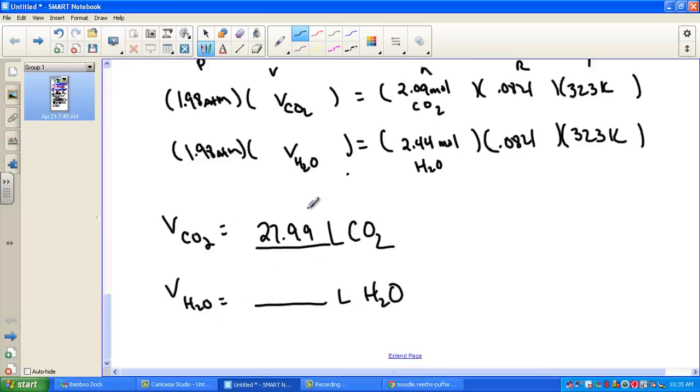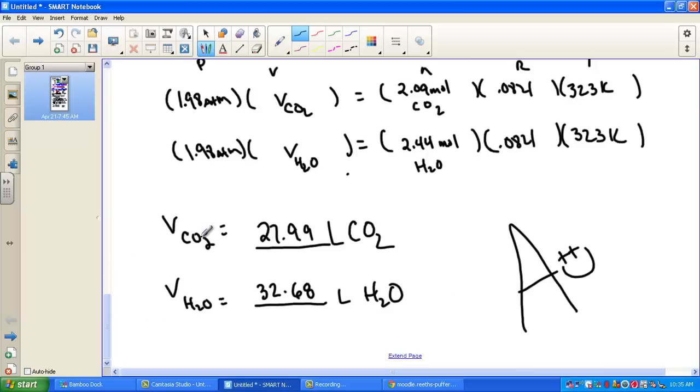And second scenario, 2.44 moles of the water times our constant 0.0821 times the Kelvin temp, 323, and divide out the pressure, 1.98. How about 32.6? I'll round that to 32.6 liters. And you did it. A++.